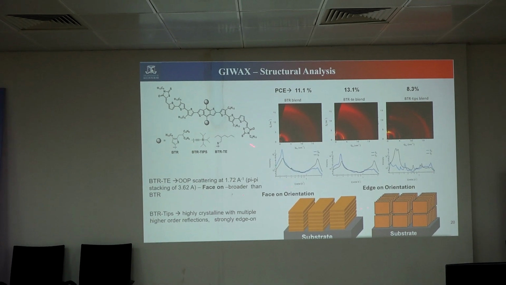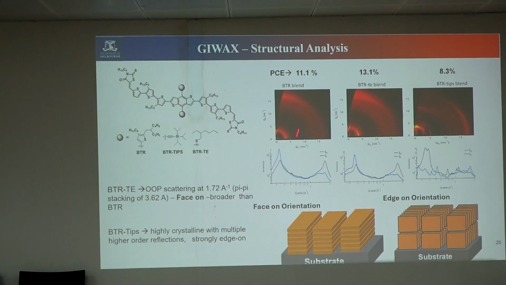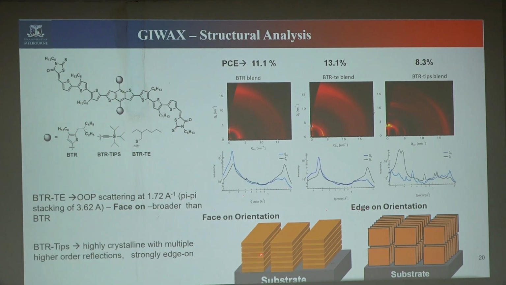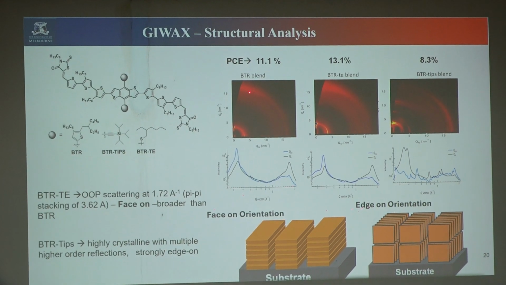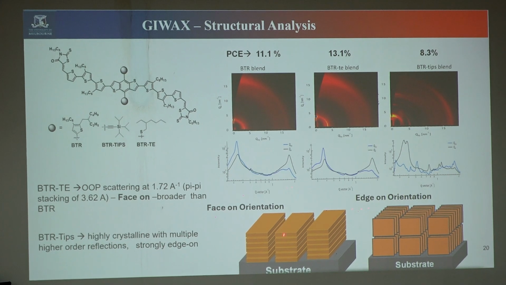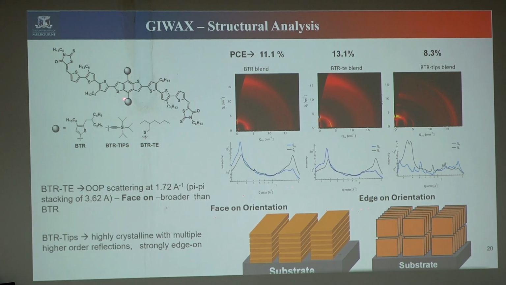In this BTR blend, the arrangement is exactly like face on. That's why, if it is face on, along the vertical axis, the Z direction, we can get a broad peak around here. That's why we are getting this type of arrangement. Rather, if you have this molecule, the side chains are varying.